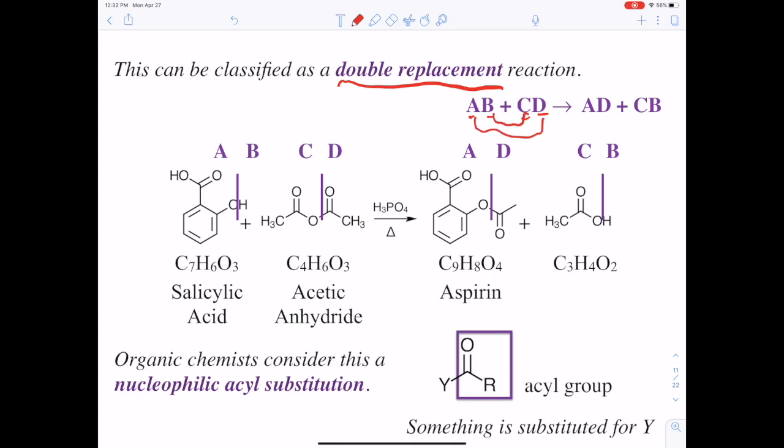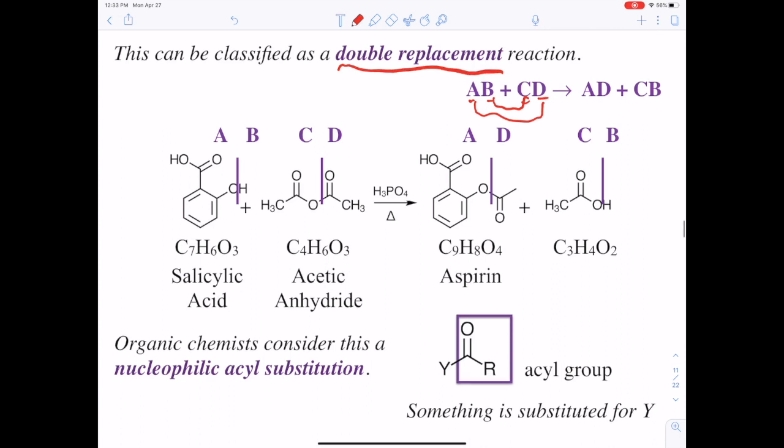So salicylic acid, it's the whole molecule except for that one hydrogen on the phenol is A and B. And then acetic anhydride, you can see the division of that molecule, and the two halves switch partners, and you get aspirin and acetic acid.